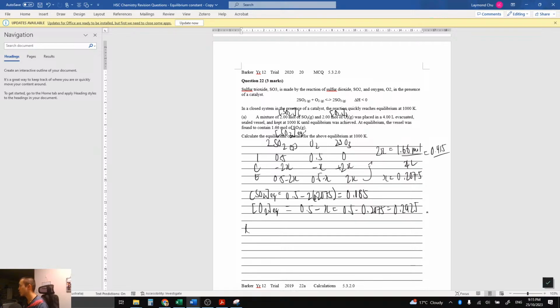So therefore, what's our Keq expression going to look like? We want our products to the power of whatever the coefficient is at the front, and then our reactants, which is SO2 squared times the concentration of O2. Now what is that equal to?